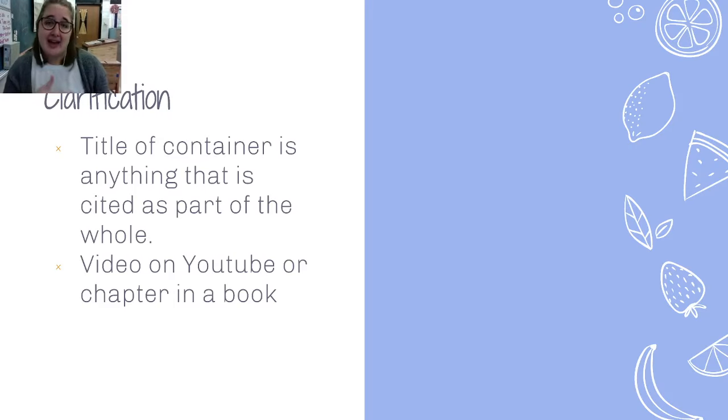You would cite a page on Wikipedia. So the container is Wikipedia, but the title of your source would be the title of the article. Say you were looking up Susan B. Anthony, the title of your source is Susan B. Anthony, and the container would be Wikipedia. Same goes for videos as well.